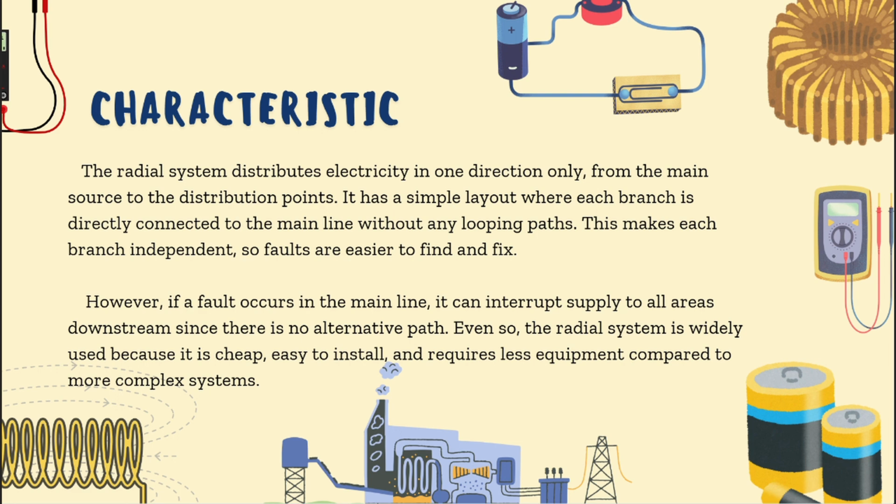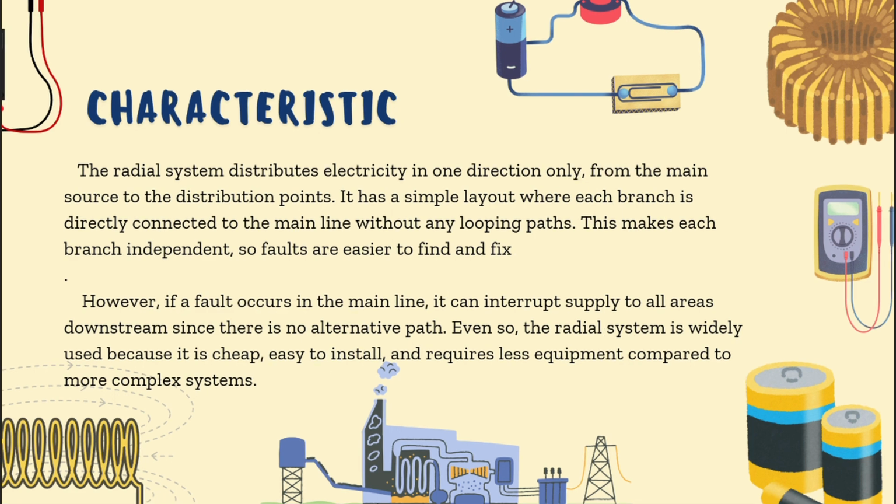However, if a fault occurs in the main line, it can interrupt supply to all areas downstream since there is no alternative path. Even so, the radial system is widely used because it is cheap, easy to install and requires less equipment compared to more complex systems.